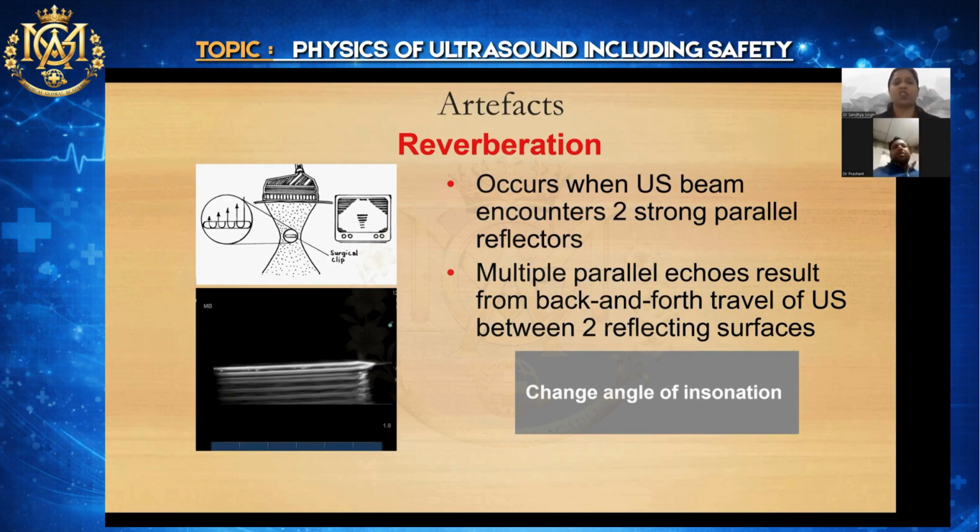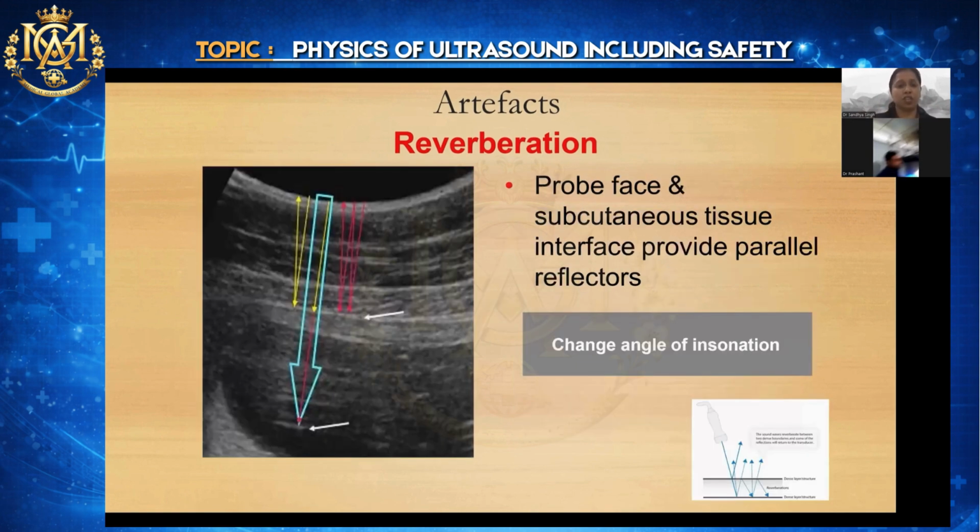If you're doing abscess drainage, if you're doing amniocentesis, even if you're measuring amniotic fluid index, this reverberation. What happens basically? Between two strong reflectors, the ultrasound keeps moving up and down, up and down, up and down. Because of that, multiple images of that particular one structure are produced. So for this also, you just have to change the angle of insonation.